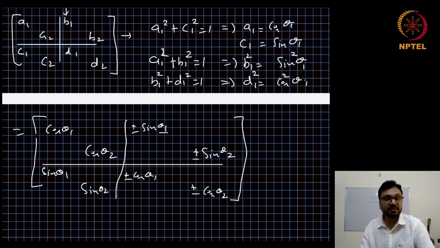This is the form of the matrix we have. The first sign we can choose at our wish, but the other signs we cannot choose arbitrarily.